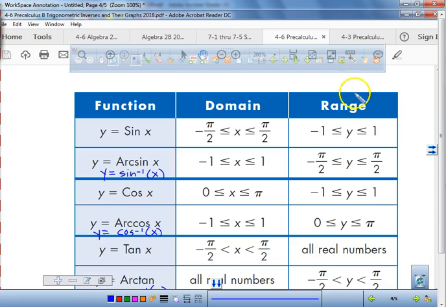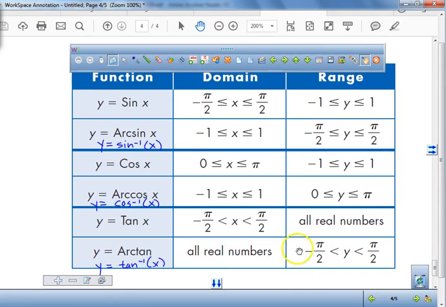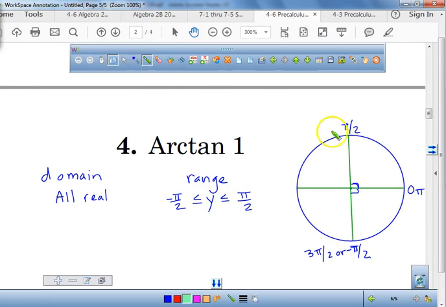I'm going to go back. Right here. So right now we're dealing with, there's our domain, all real numbers. We're going from pi over 2 to negative pi over 2. So let me show you where that is on our unit circle. Here we go. This area of the unit circle is where your answers could be located in this graph, okay?